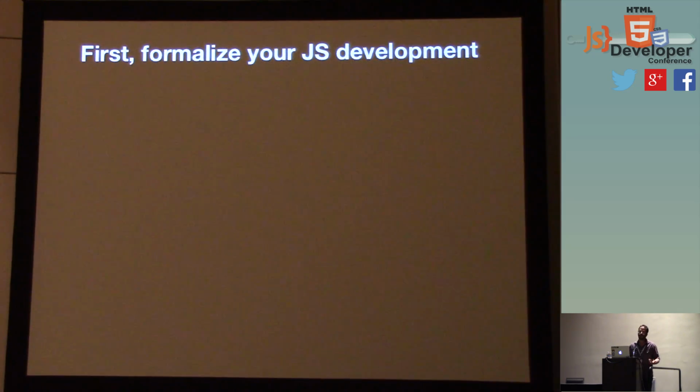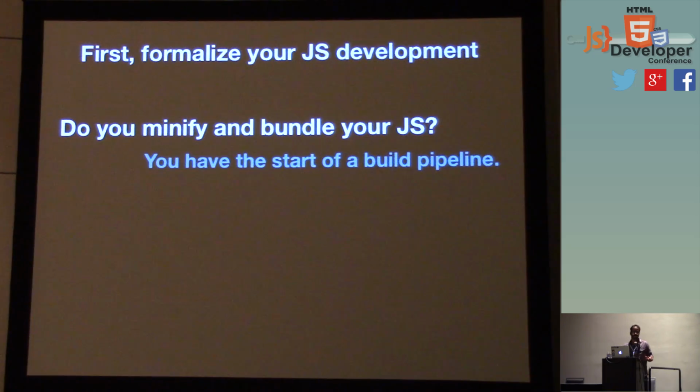So first you need to formalize what JavaScript development workflows actually are in your company. Are you minifying your JavaScript? The answer is yes. Then you already have the start of a build pipeline using RJS. People familiar with Require.js? It's a pretty popular module loader, but it comes with RJS, which is the Require.js optimizer, which bundles all those modules into one or multiple files.